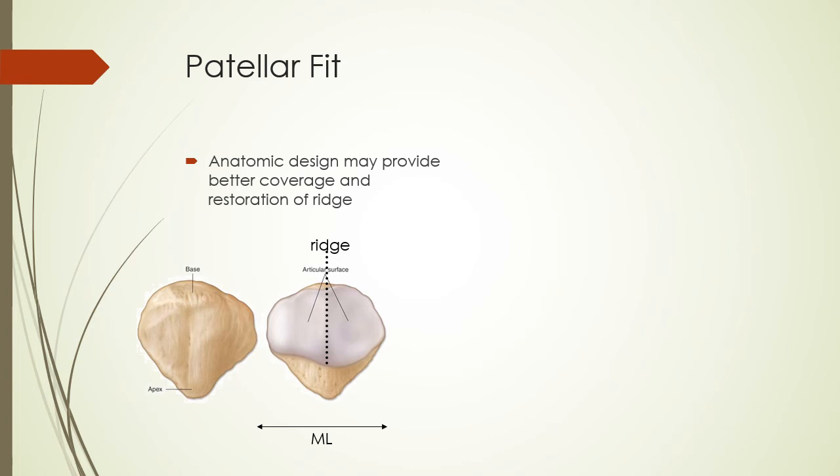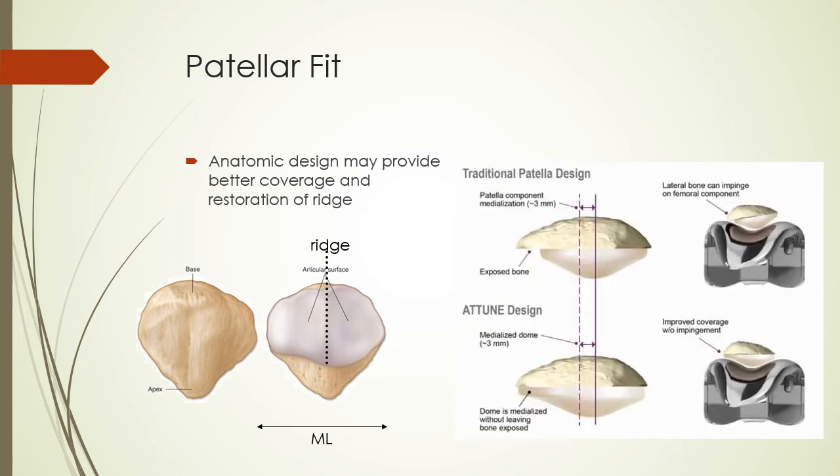And you may want to restore the ridge position as well, because that will directly impact the ML positioning of your patella button compared to the femur. For example, here with this attuned design, it has been shown in multiple studies that it's not only increasing the coverage, but it's also restoring the peak of the dome or the ridge position. So that's the beauty of the anatomic design for patella.